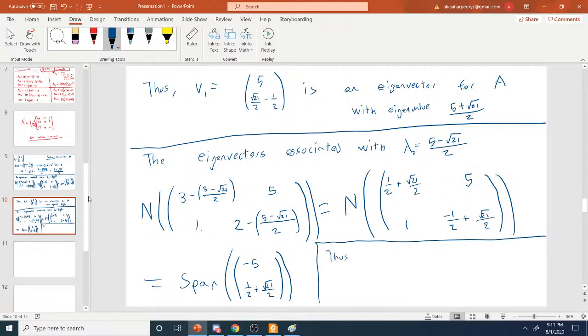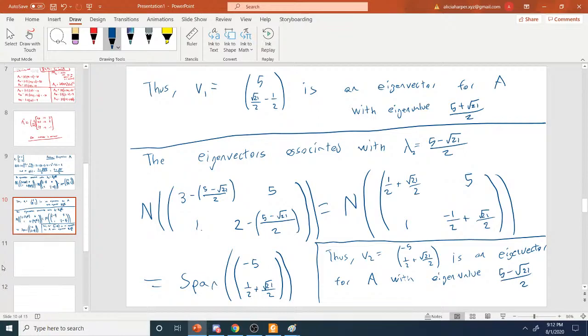So thus v2 is equal to negative 5 in the first component and 1/2 plus the square root of 21 over 2 in the second component. So this is an eigenvector for A with eigenvalue (5 minus the square root of 21)/2.